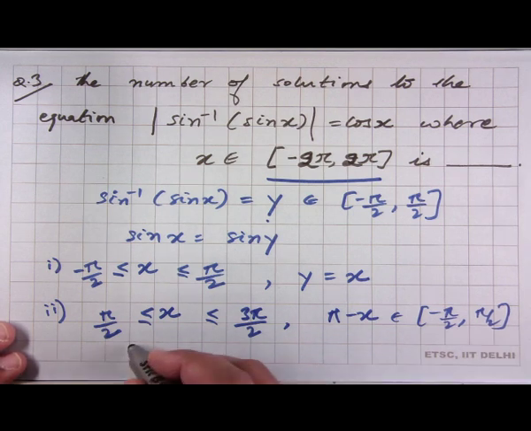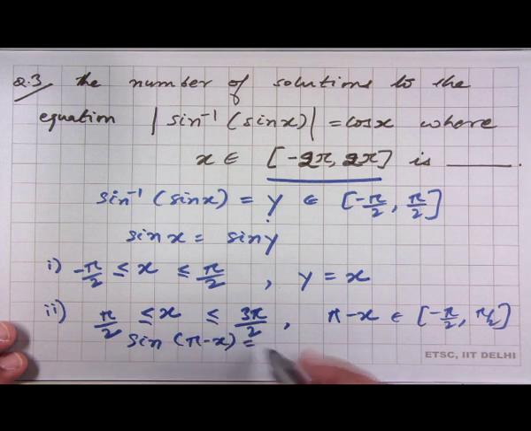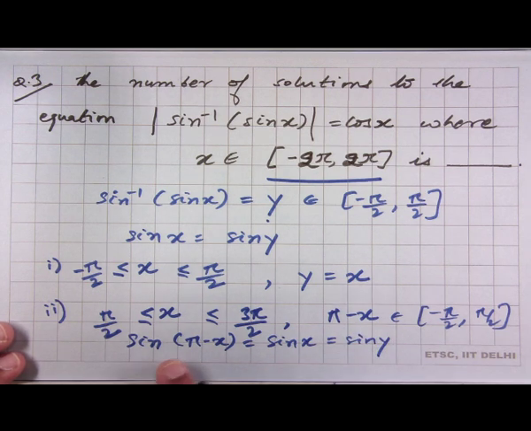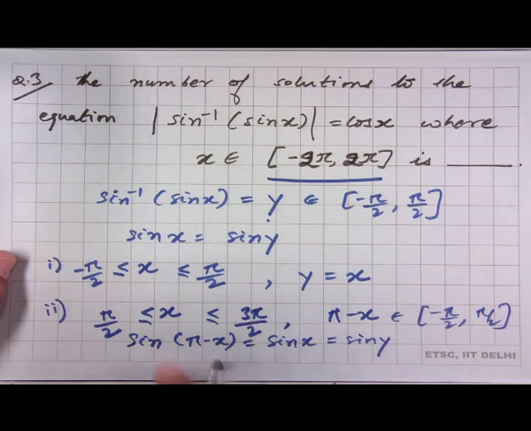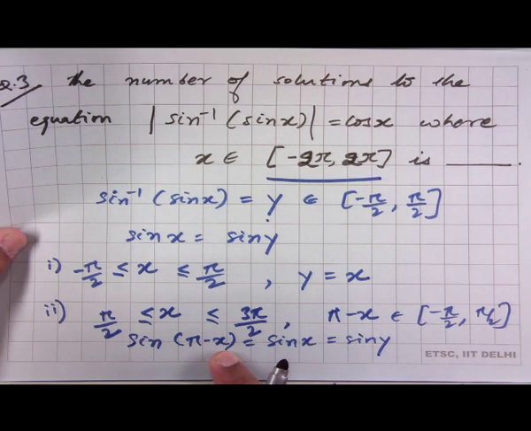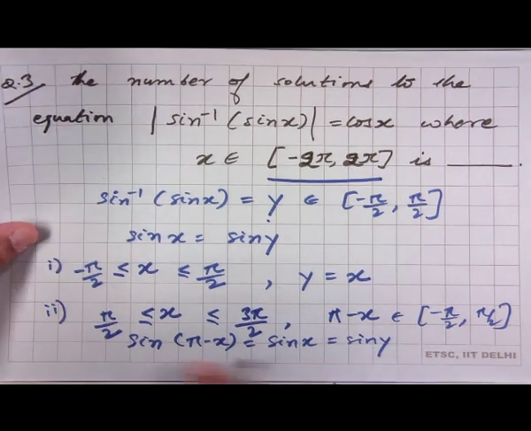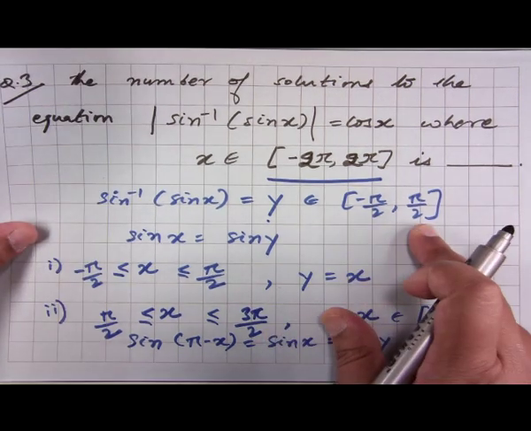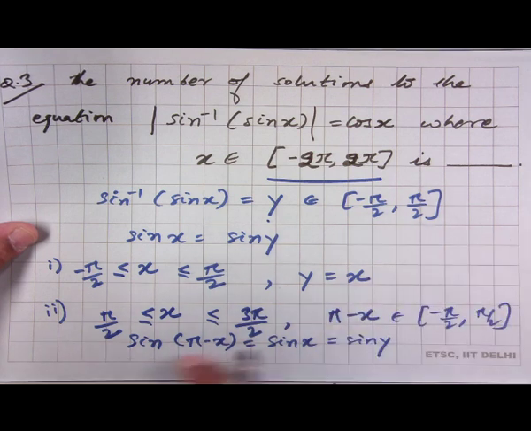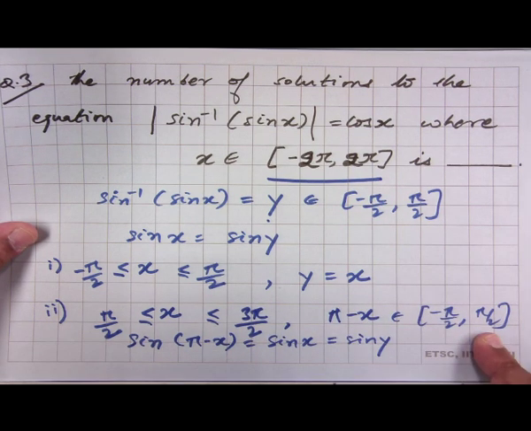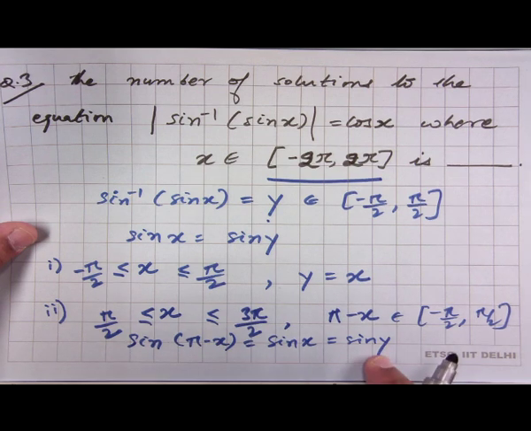And further we know that sine of pi minus x is equal to sine of x, which is already equal to sine of y. So sine of pi minus x is equal to sine y, and y is already belonging to minus pi by 2 to plus pi by 2. Pi minus x is also belonging to this interval, and therefore it must be true that pi minus x is equal to y.